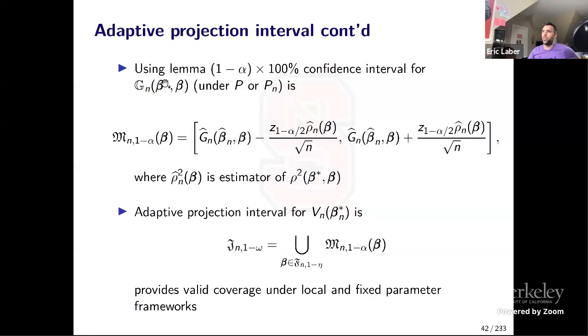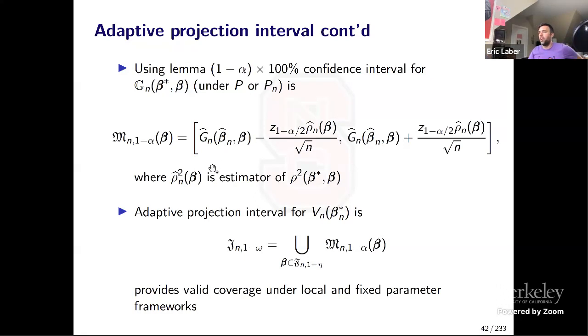So this beta is treated as fixed, but we plug in beta hat here, which I call M, 1 minus alpha of beta: G hat, beta minus your normal quantile and standard deviation, so on, G hat, beta plus the same quantity. So it looks a lot like we did before, only now we have this beta hat plugged in, with the idea being our union now is only going to be over beta, and therefore will only affect that second term, that non-smooth part.